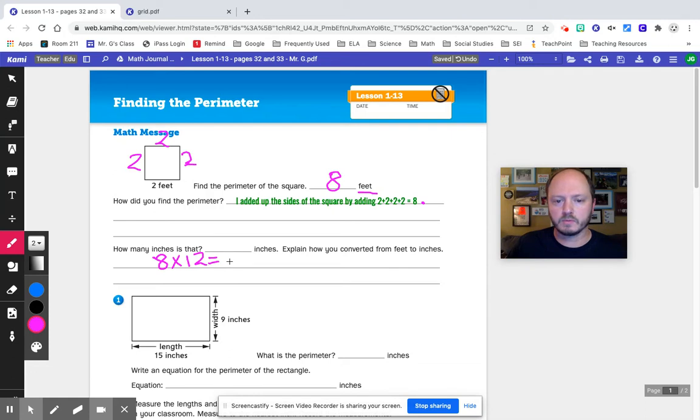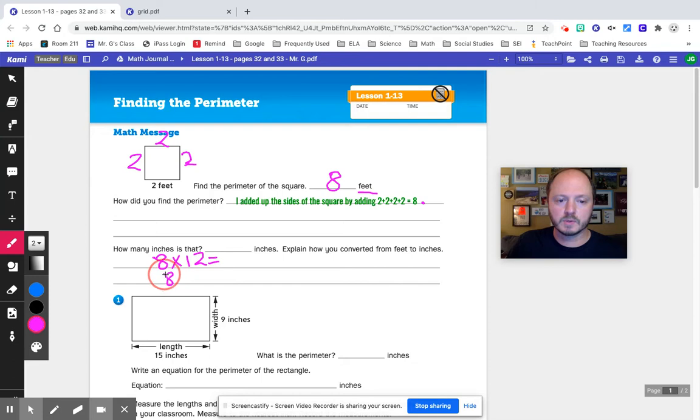8 times 12. Now, this is a fact that some of you may be comfortable with already. Some of us might need to work with it a little bit because we haven't really done big work with multiplication facts, but we do need to work on getting to being automatic with facts like this. But I'm going to help us out a little bit.